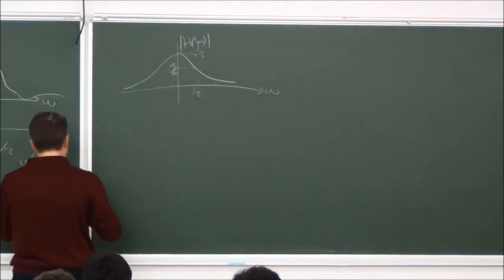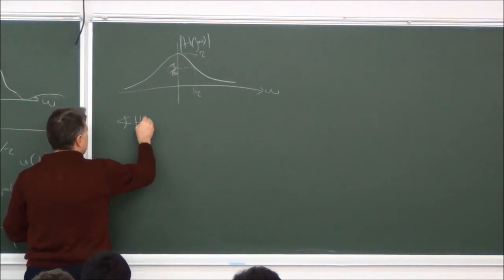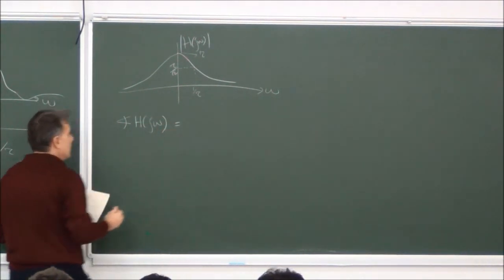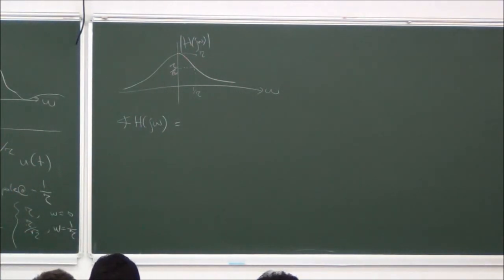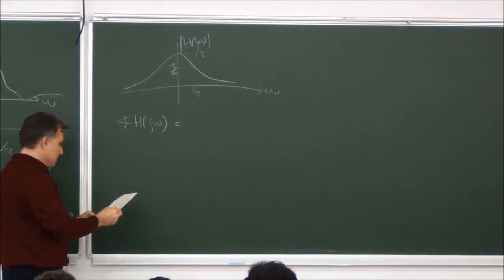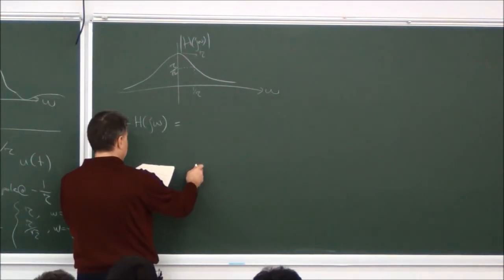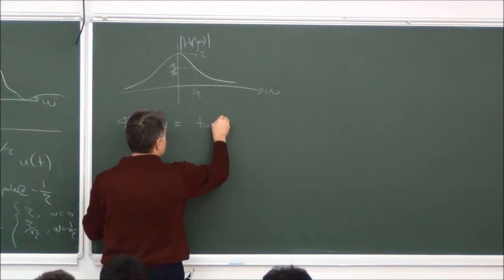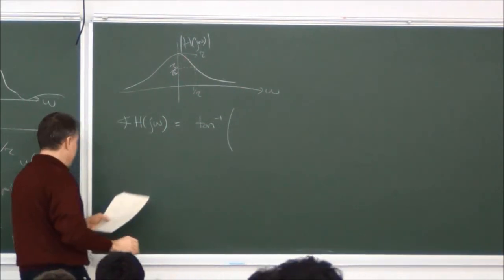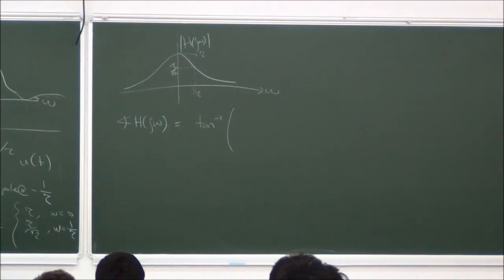And by the way, there is also the angle, because h of j omega is a complex entity. It consists of a magnitude and an angle in the polar coordinate system, and that is equal to arctangent or tangent inverse of the imaginary part divided by the real part for every pole and for every zero.